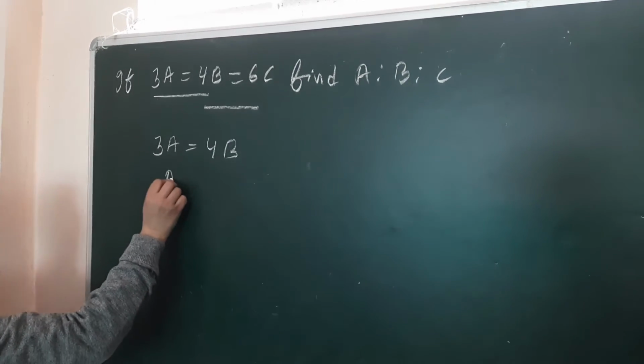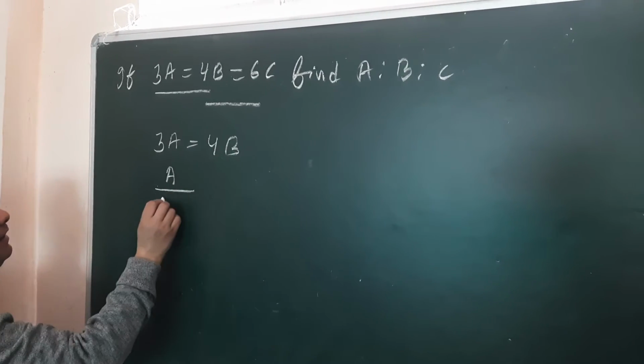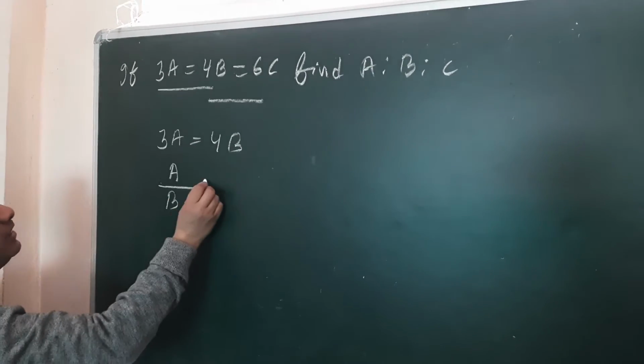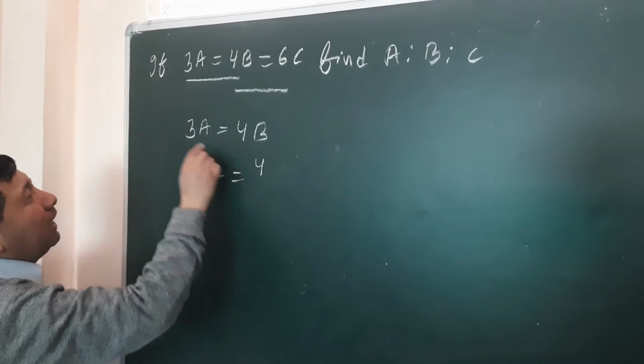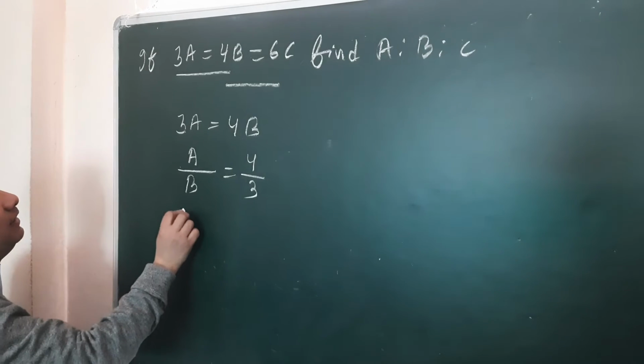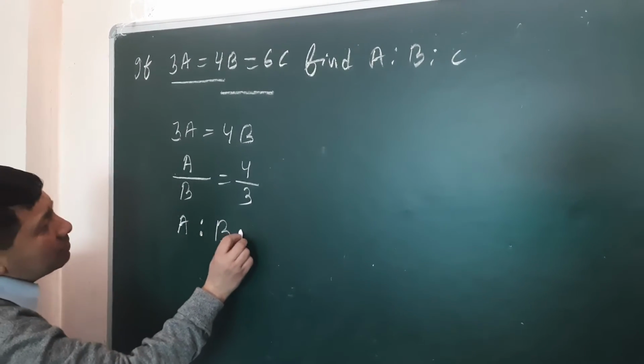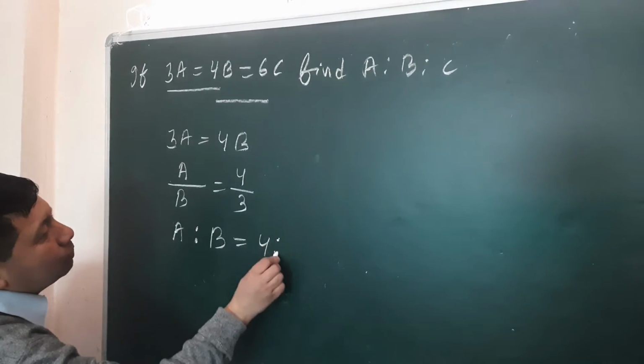Now cross multiplication, here this B will come down, you know this. So here is 4 and again cross multiplication, this 3 will come this side. Now it becomes A is to B is equal to 4 is to 3.